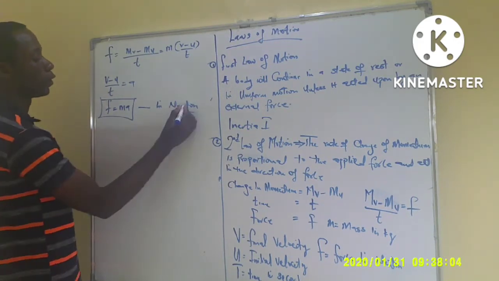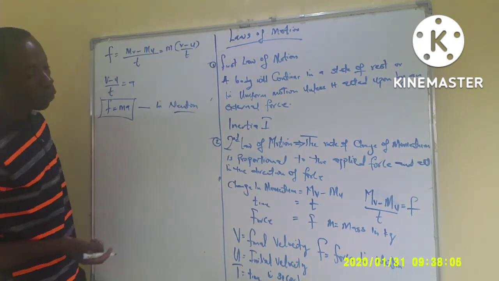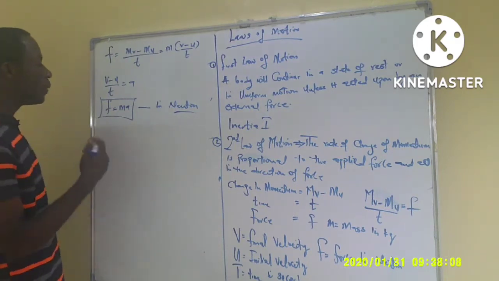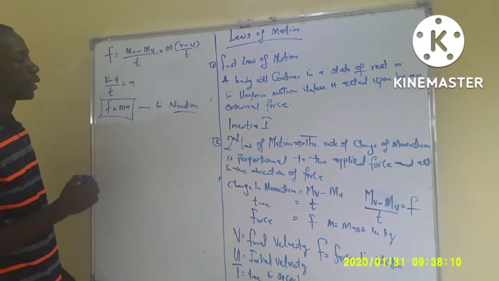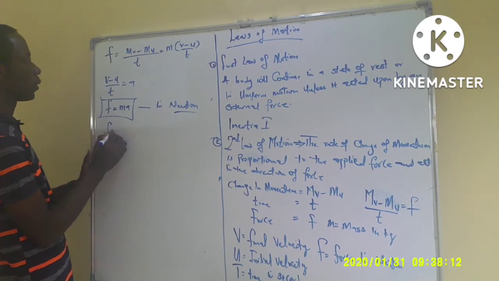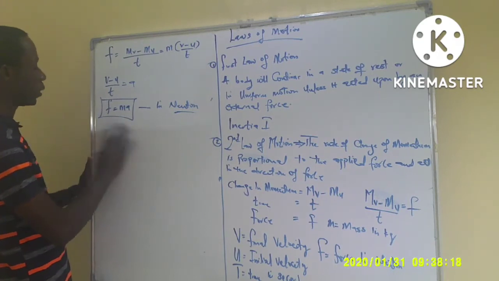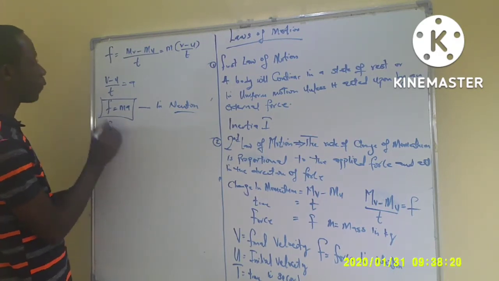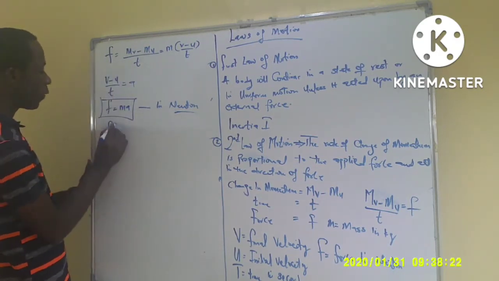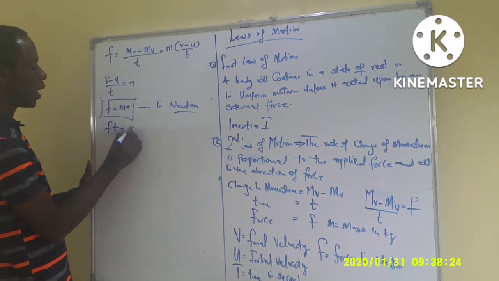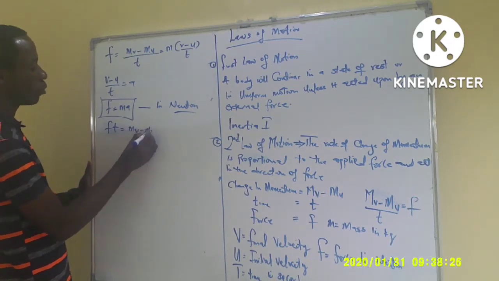Yeah, Newton. At the same time, we can also say Ft is equal to, okay, let me come back to the definition. F equals m(v minus u) over t. If you cross multiply, we have Ft, which is equal to what? mv minus mu.